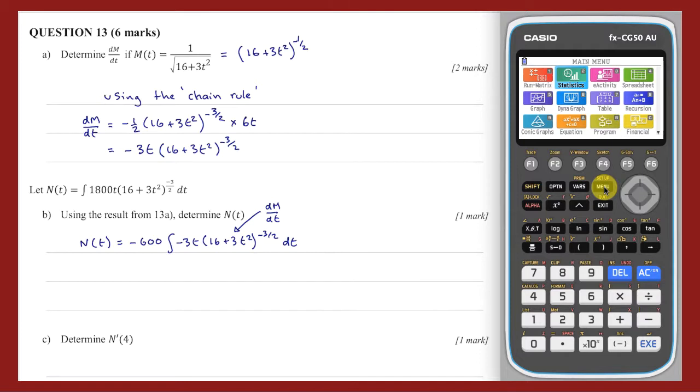Now that we have our integral expressed in terms of the derivative from Part A, we can see that n of t is equal to minus 600 times m of t plus c, the constant of integration.